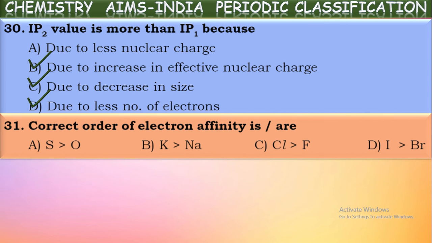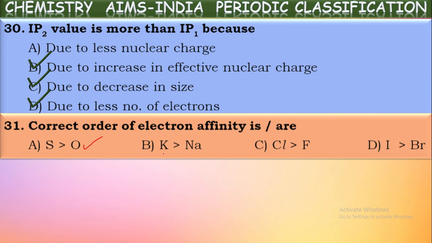If you observe sulfur and oxygen, what relation do they have? Both belong to the same group. We know in a group from top to bottom size increases, hence electron affinity decreases. So sulfur should have lower electron affinity than oxygen, but because of the smaller size of oxygen, sulfur has greater electron affinity than oxygen.